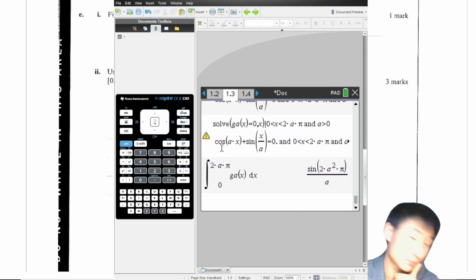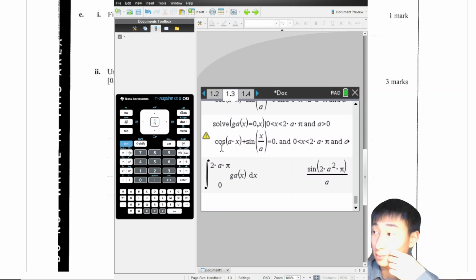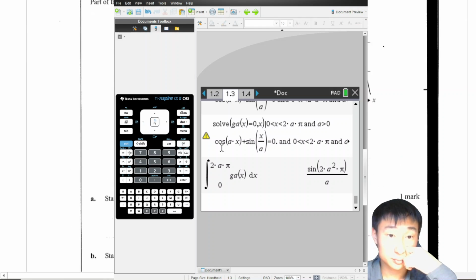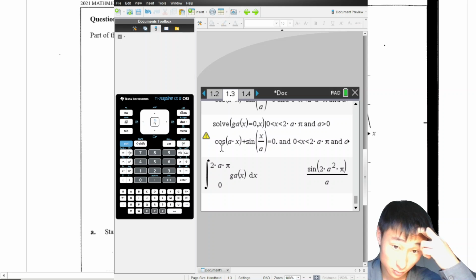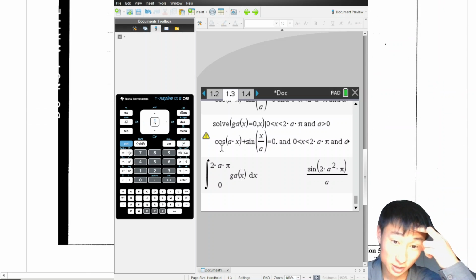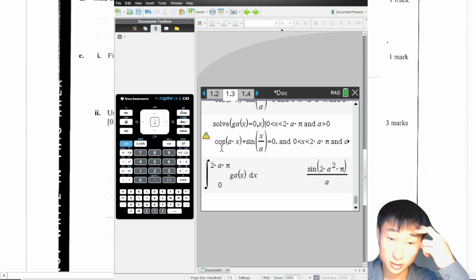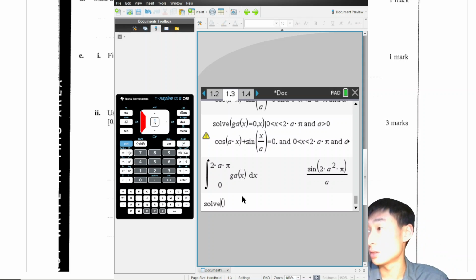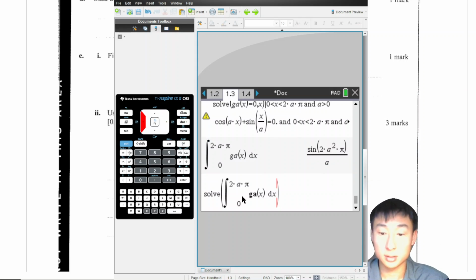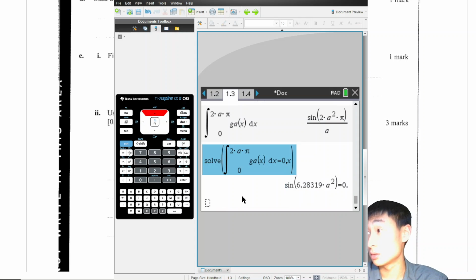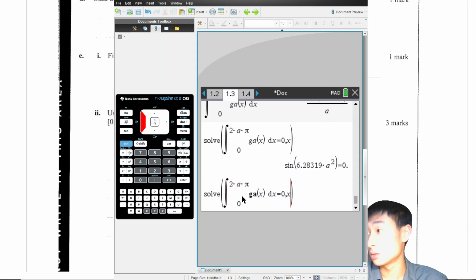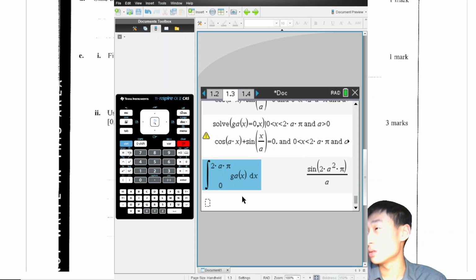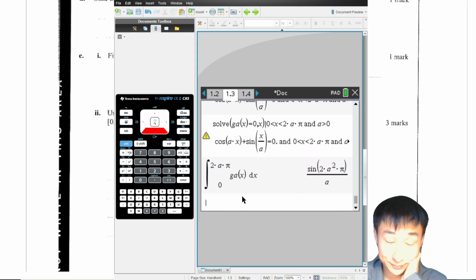No. It should be that this is equal to 0. Why doesn't this equal 0?